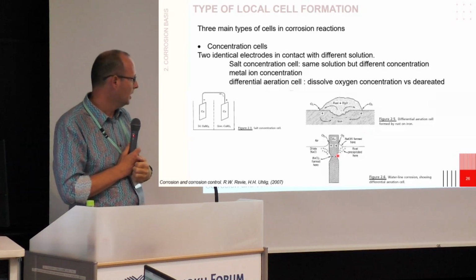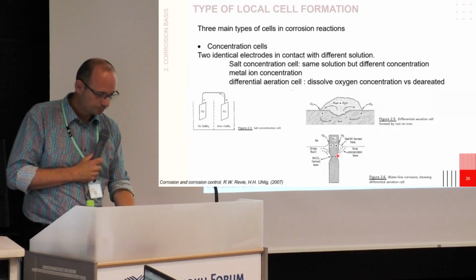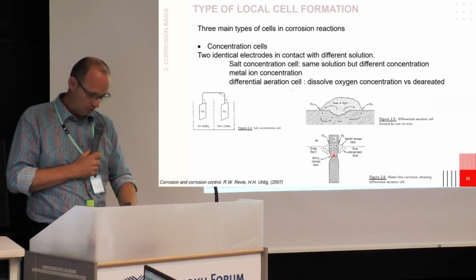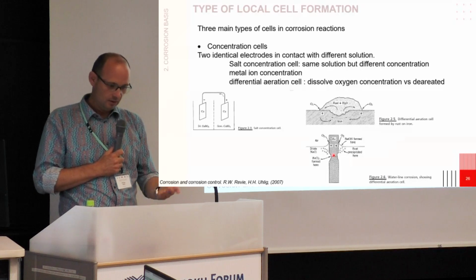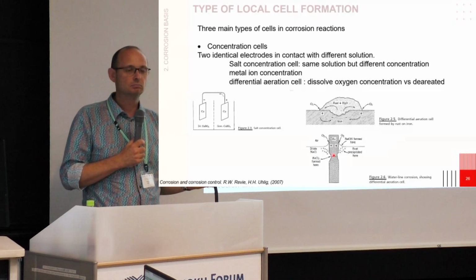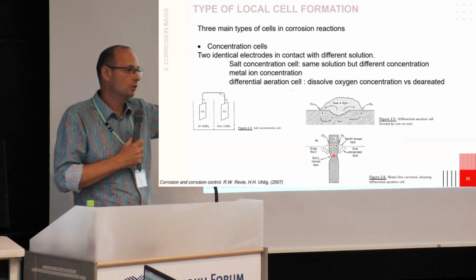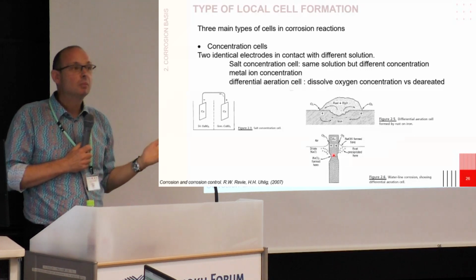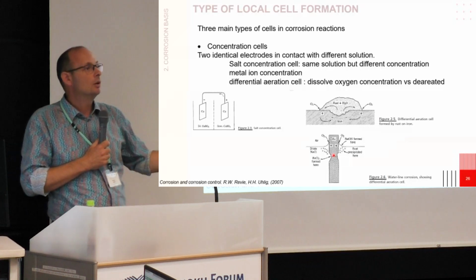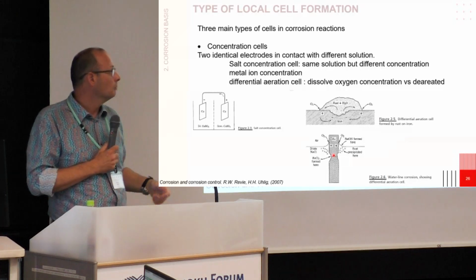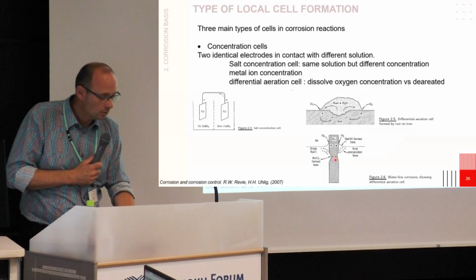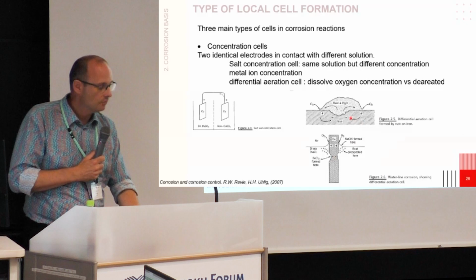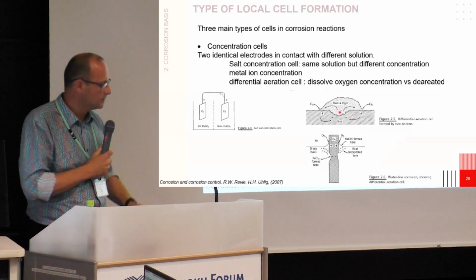I said it will have some dissolution deeper than at the air-water interface because of oxygen gradients. This is a concentration cell. Okay, I have a gradient of oxygen. Where the oxygen can be consumed, the reaction will be oxygen plus electrons. But where there is no more oxygen, the only reaction that can take place is dissolution. And you have exactly the same in the drop, I already said.